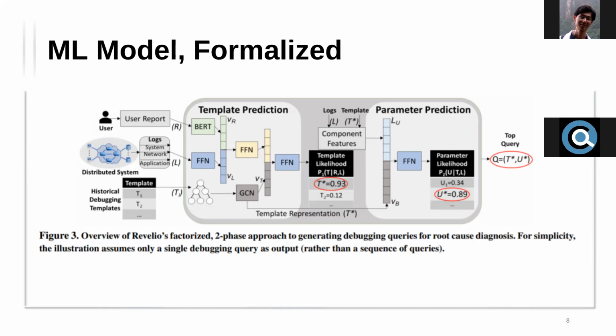But what kind of query template are we going to use? Some templates search for some information, and some templates search for other information. So basically, we calculate some kind of similarity or likelihood for each template to see how likely we are to use it to address this issue. After we select the template, we further combine the template and the log information.